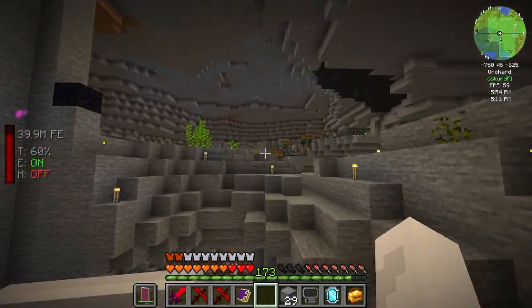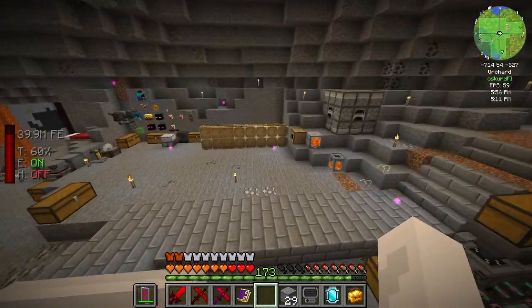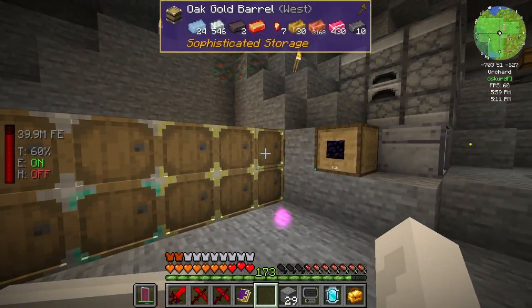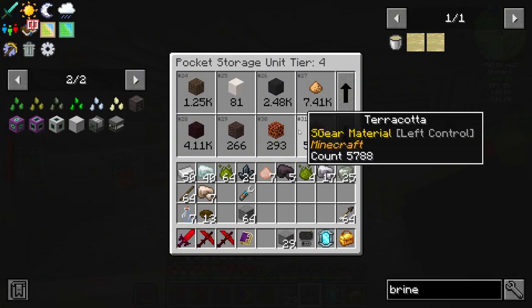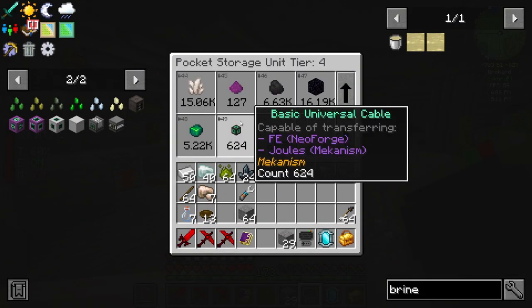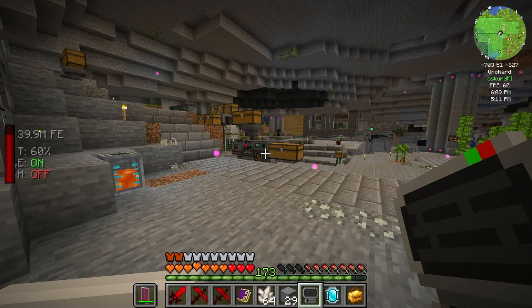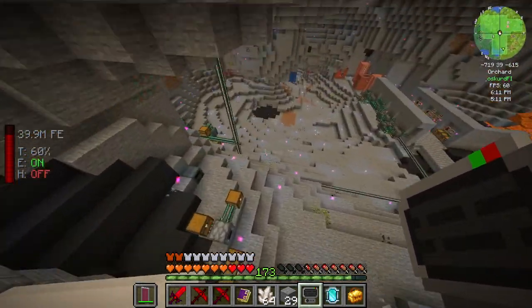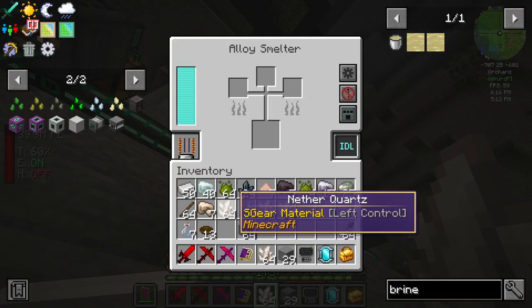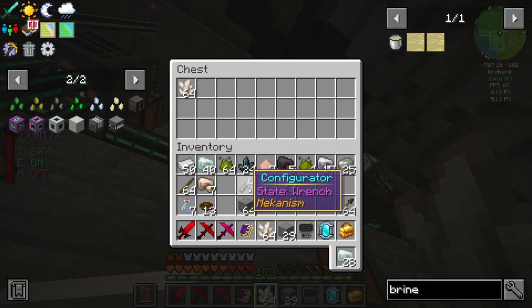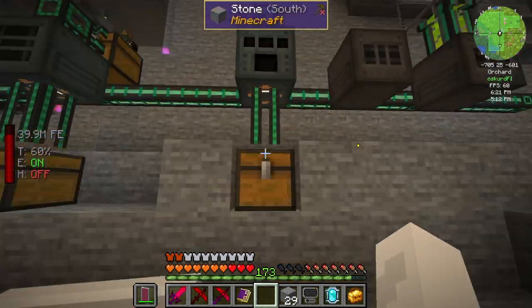I do need more of those conduits though, so I didn't make too many. We need nether quartz to make that glass, I'm pretty sure. Nether quartz there. So let's make 4 stacks. Nether quartz, be so dear, and make more glass for us.